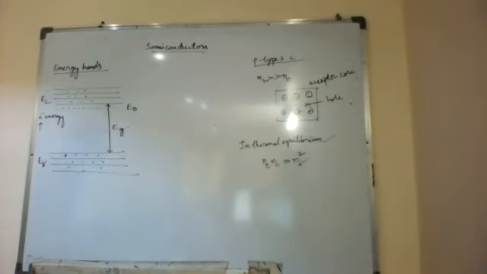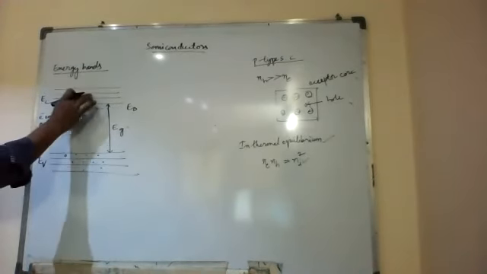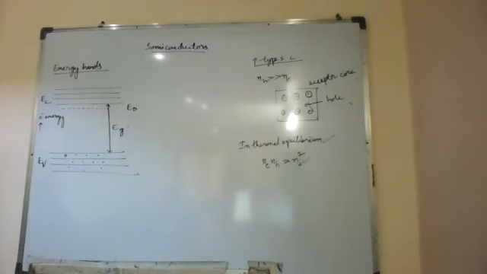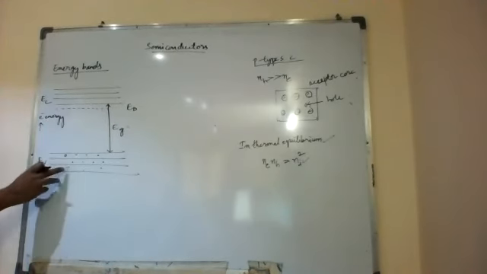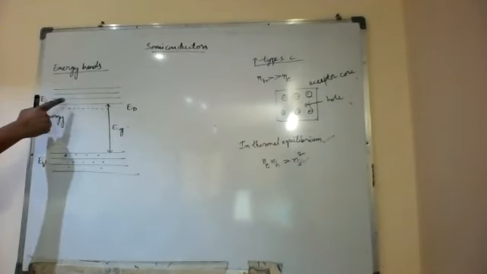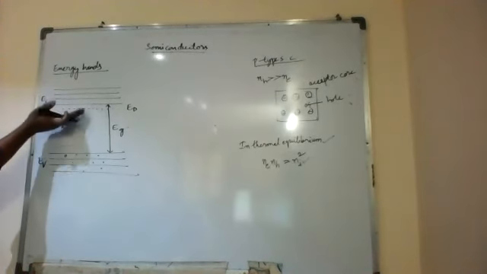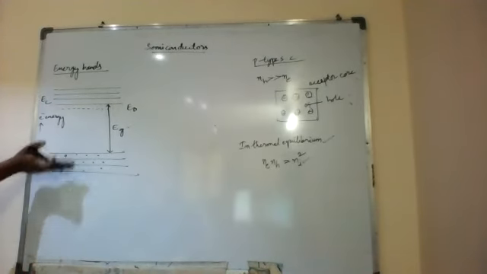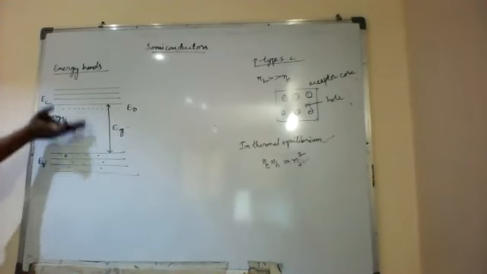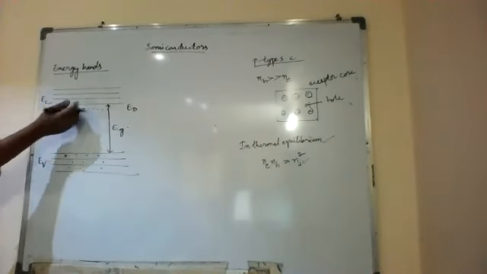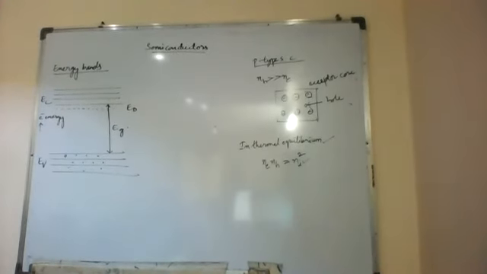Now, this line is very close to the conduction band, right? It means all these electrons are just below this area, and this energy is all the same. If you give a little energy, it will immediately jump into the higher energy levels. Understood now?